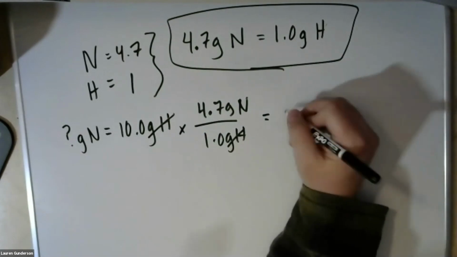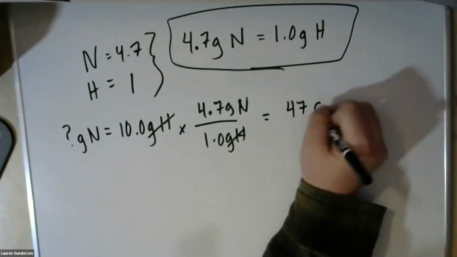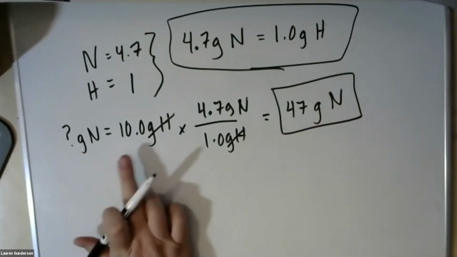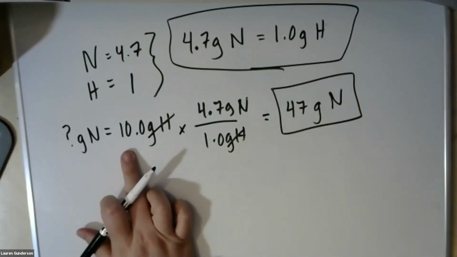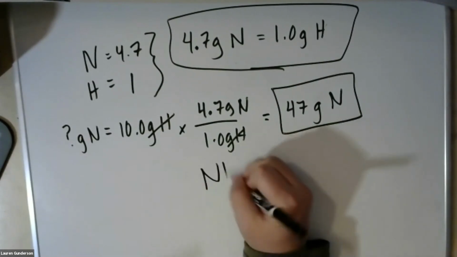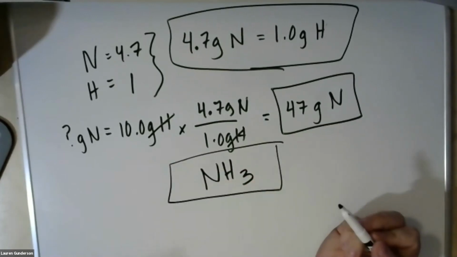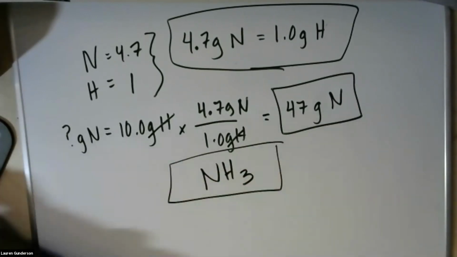So that means that there are going to be 47 grams of nitrogen present if I have 10 grams of hydrogen in a sample of ammonia. And the formula for ammonia, in case that's not familiar to you yet, is NH3.